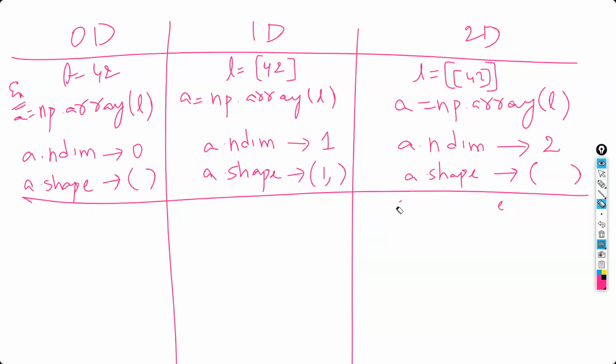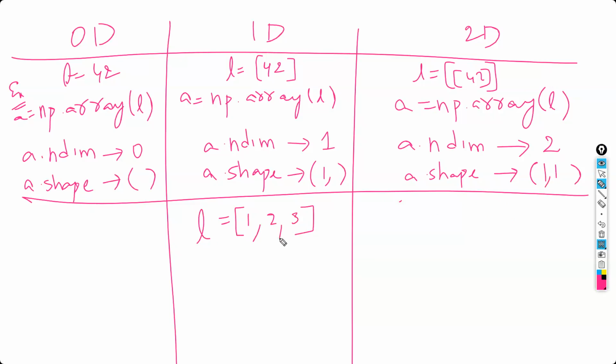So here, what does the shape mean? One row, one column, 1 comma 1. Now, to understand in simple words, one more example. L is equal to a list of 1, 2, 3.